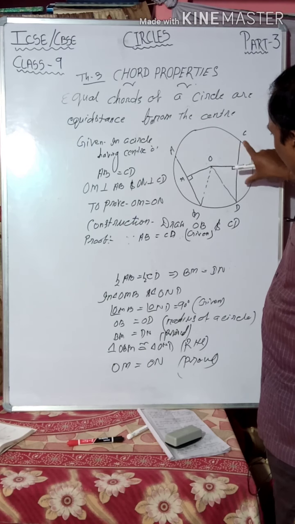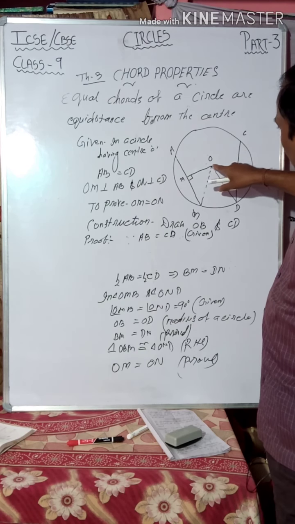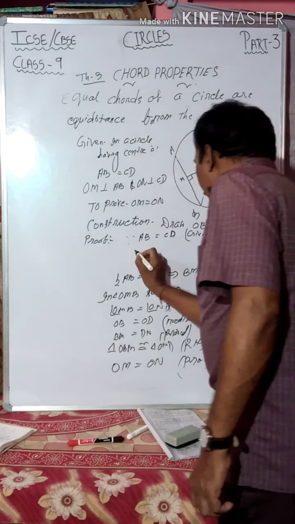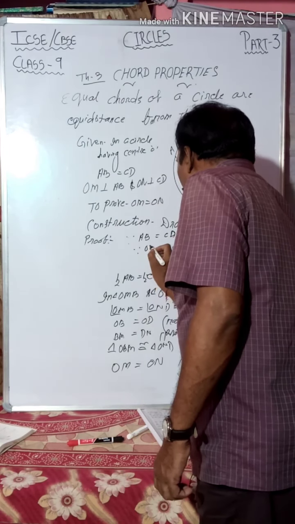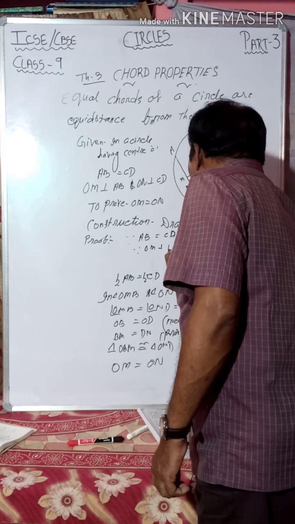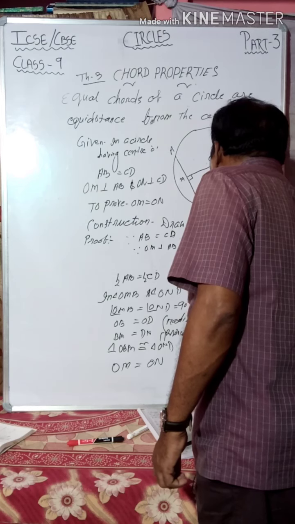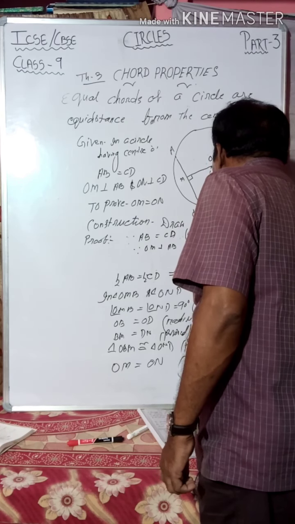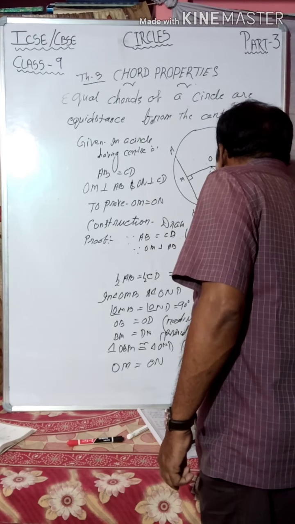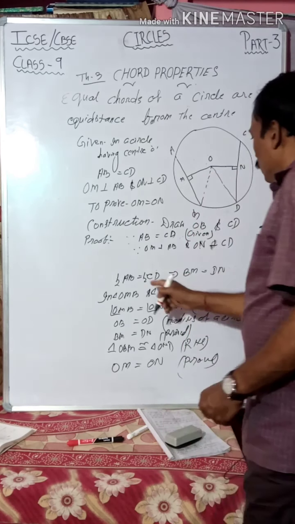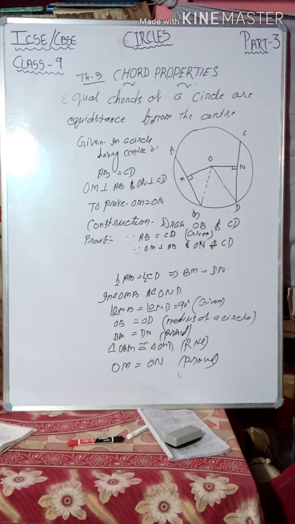Half of AB, as OM is perpendicular to AB and ON is perpendicular to CD. So half AB is equal to half CD, BM is equal to DN.